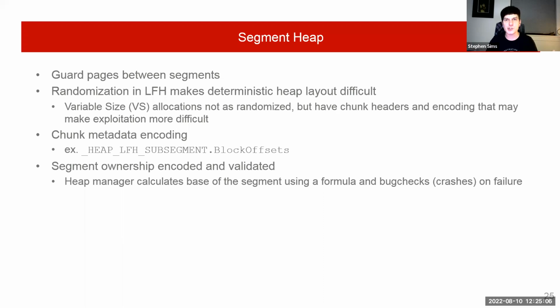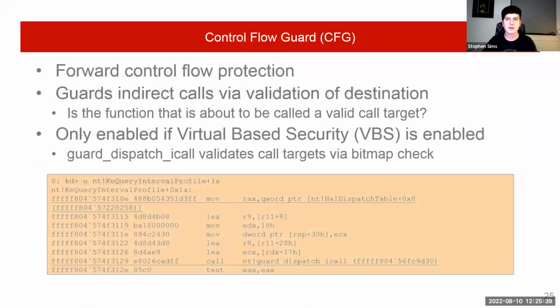So randomization of allocations is much stronger. There is chunk encoding. So we basically act like a canary and we XOR these special values against the metadata of chunk allocations in the kernel pools to protect it. So again, things like guard pages, random allocations, chunk encoding are all the protections that come in with things like the segment heap. So dynamic memory in the kernel is better protected.